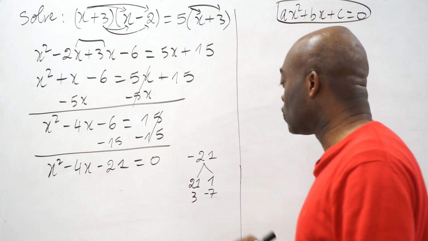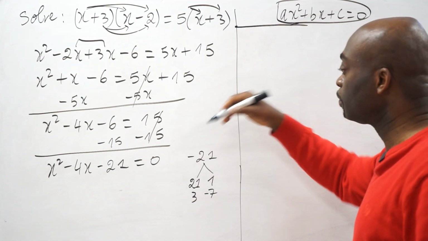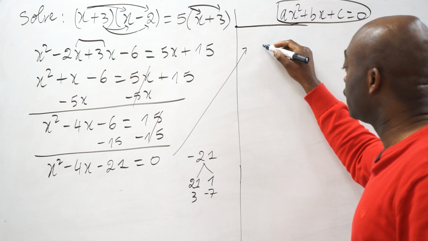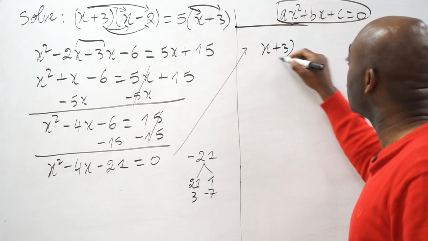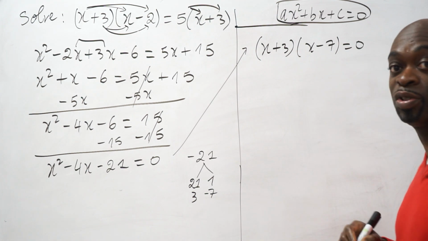So once we get that, I can bring it back here and say this gives me x plus 3 times x minus 7, which is equal to 0.